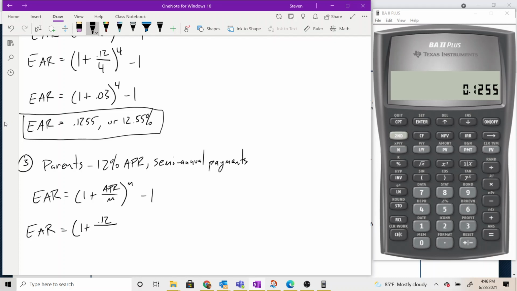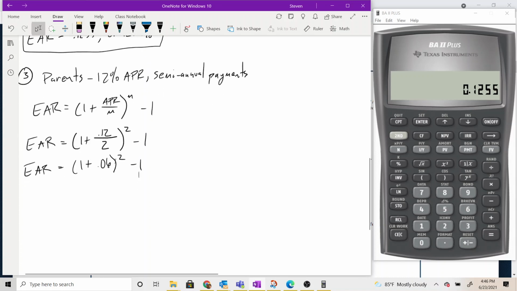M in this case with semi-annual payments means twice per year, so we're only going to divide 12 by 2. 12 divided by 2 is 6. We've got the decimal there, so it's 0.06. And that 6% that we just calculated is the effective rate that matches the frequency of the payments. So that is 6% every 6 months, or 6% every half year.